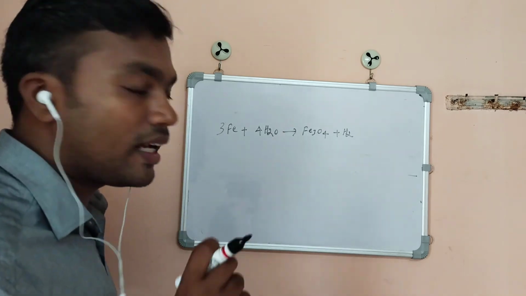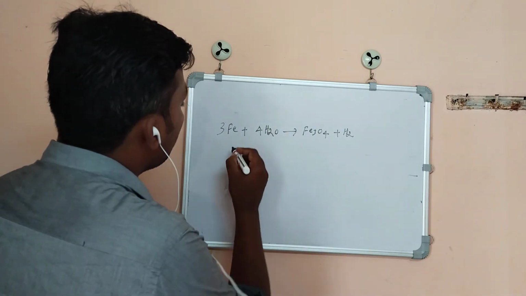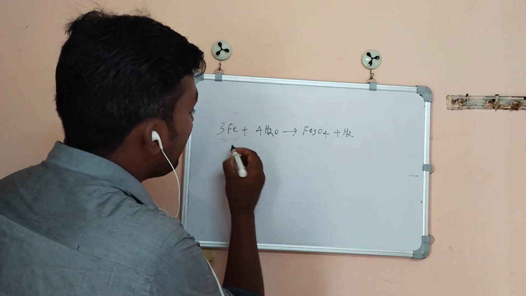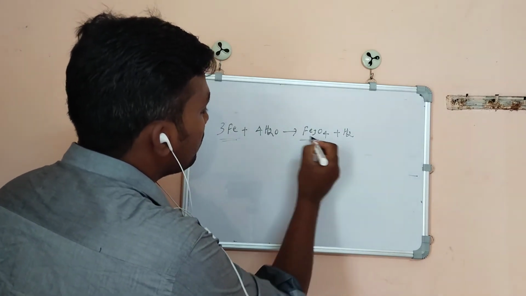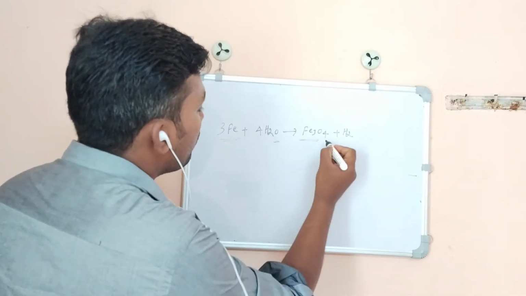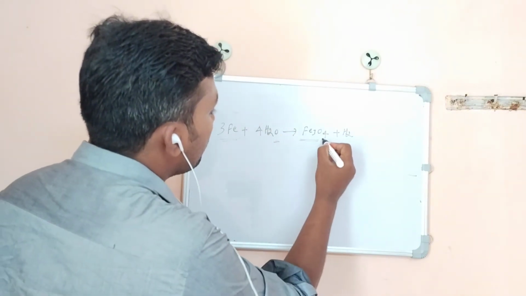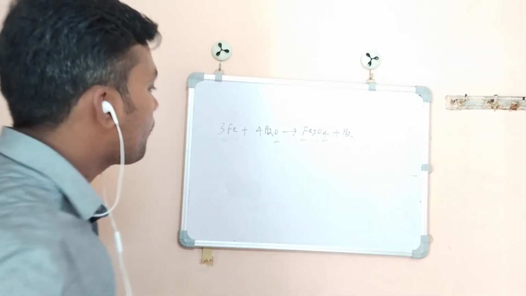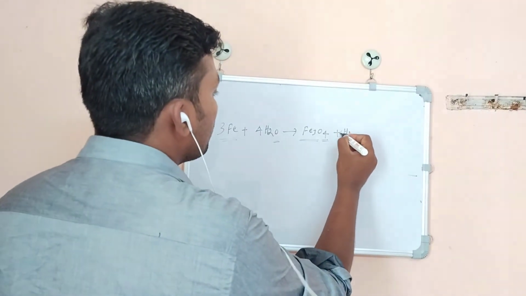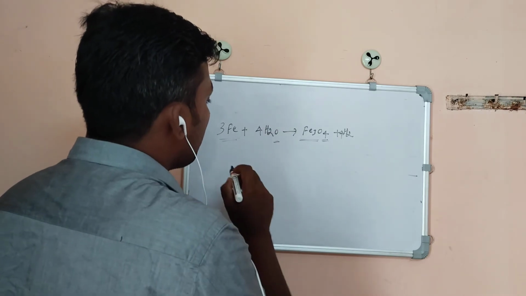Now count the number of atoms present in this reaction. Here 3 Fe is there in the reactant side. Here also 3 Fe is there. Here 4H2O, in which oxygen atoms are 4 oxygen. Here also 4 oxygen. 4 hydrogen in the reactant side.